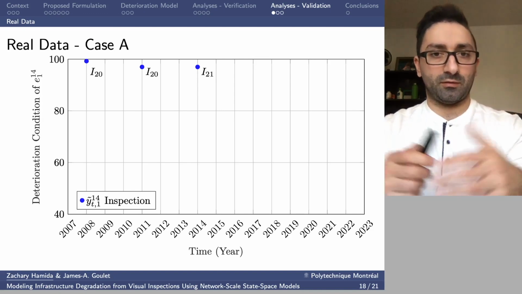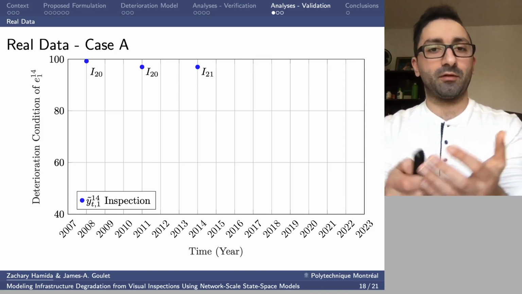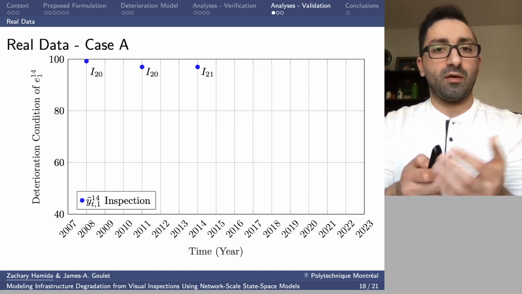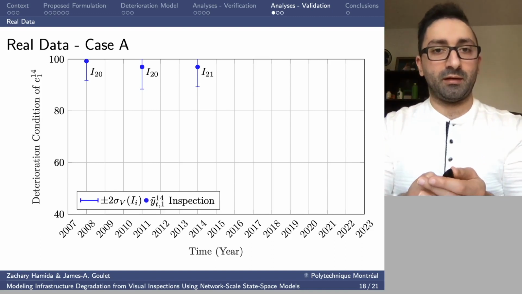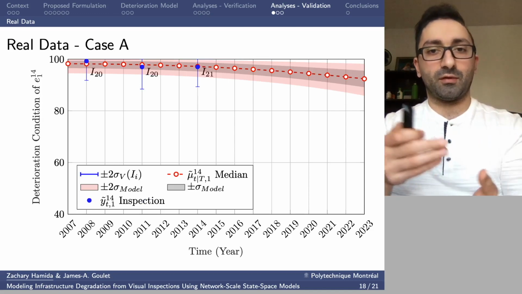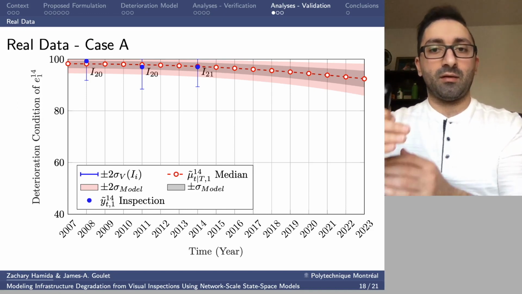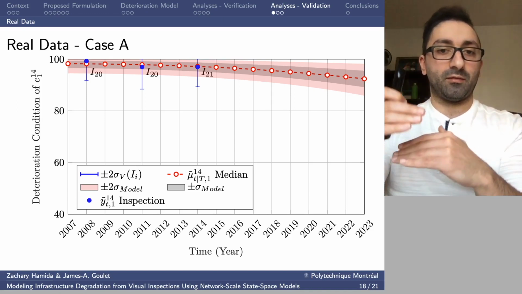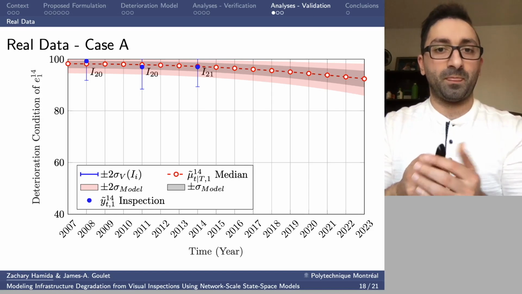The parameter estimation for the uncertainty of these inspectors is shown by the blue vertical line, as you'd see here. And the model prediction and forecast over time is represented by the red dashed line, with the red areas representing 1 and 2 standard deviations of the model forecast.